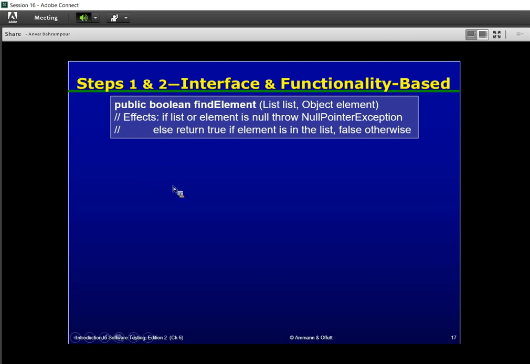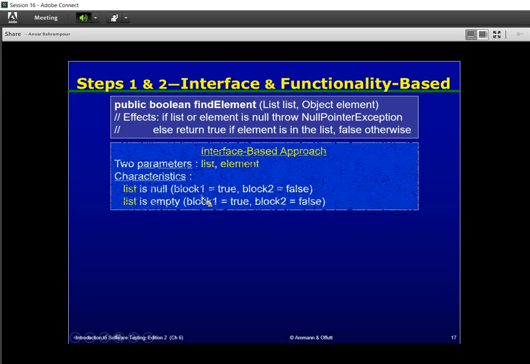Okay, let me see. In the interface approach, we consider each of these two parameters in isolation. For example, we consider the list parameter in isolation and partition the domain of lists.